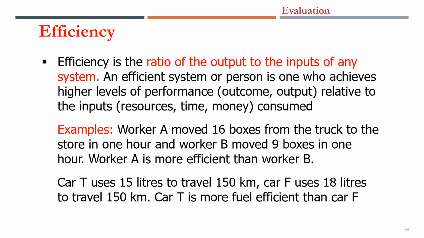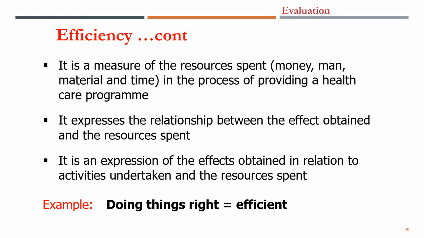We measure the outcome and the output versus the resources, time, and money consumed. Efficiency is a measure of the resources spent in the process of providing a healthcare program. So this is doing the things right.